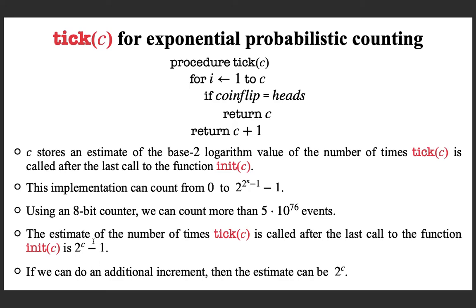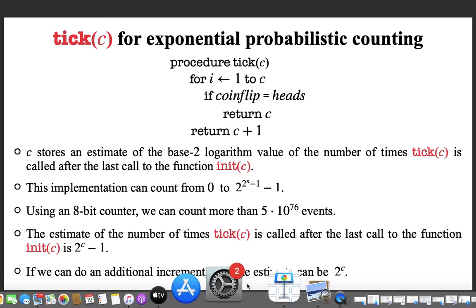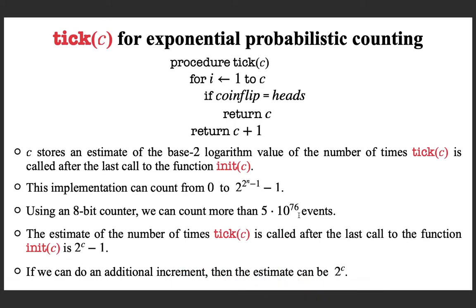And for that, what you can do is you increment this quantity. If you do an additional increment, then you will get 2 to the power c, which is the value that you wanted to return. And that is possible only if we can do an additional increment.